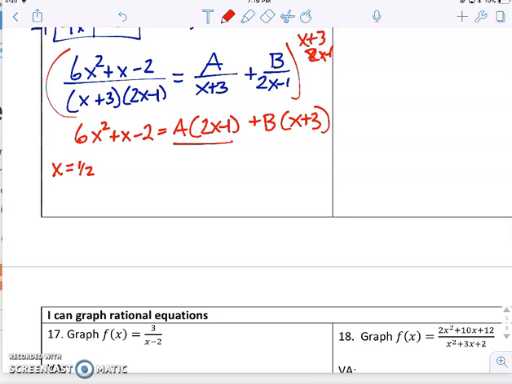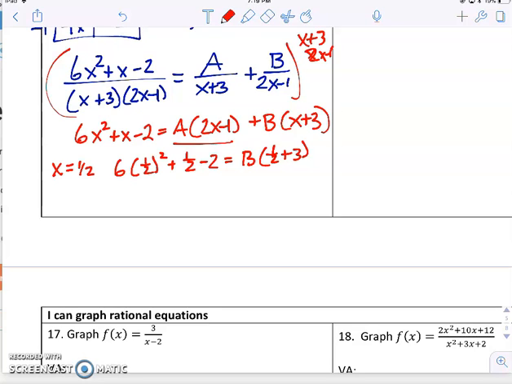Oh geez, this one's really messy. So 6 times half squared plus half minus 2, the a would go away, equals b times half plus 3.